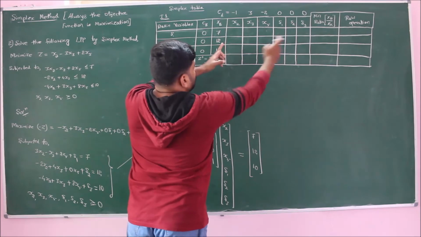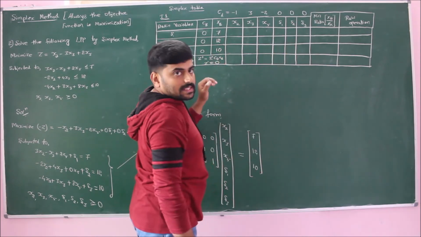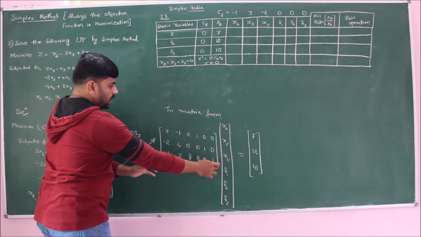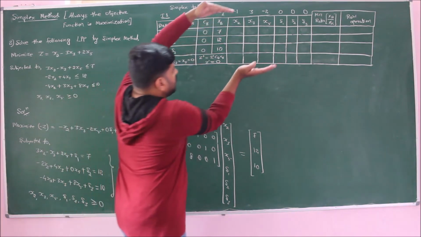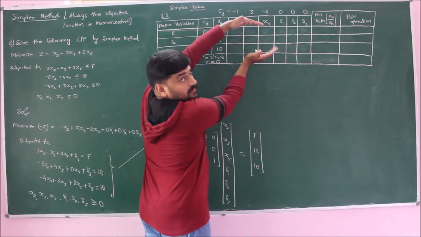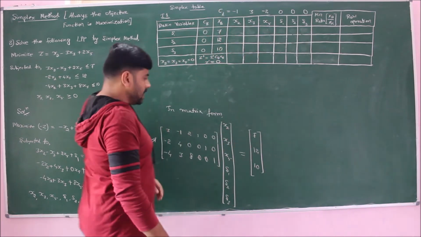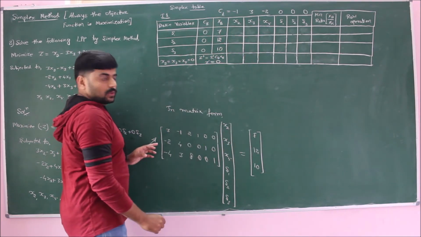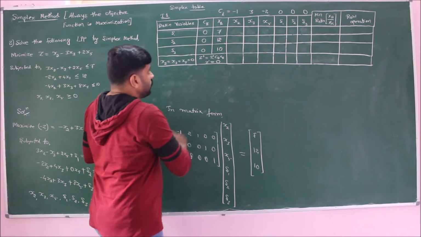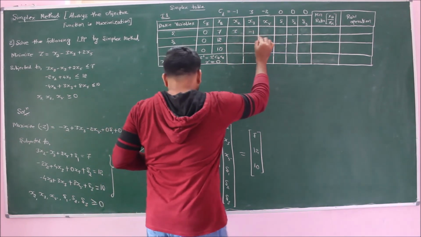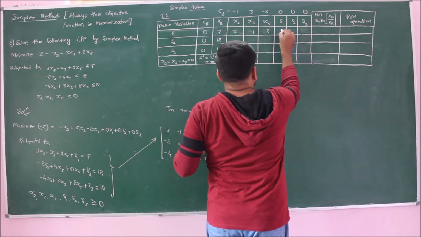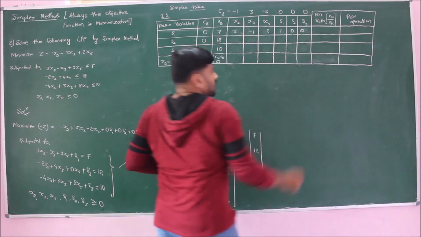Next, from x2 to s3, we have already the matrix formulated with us. So pick it and place it from x2 to s3. For the first row we have 3, minus 1, 2, 1, 0 and 0.